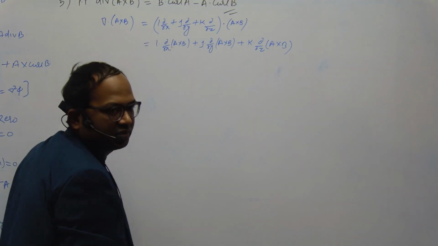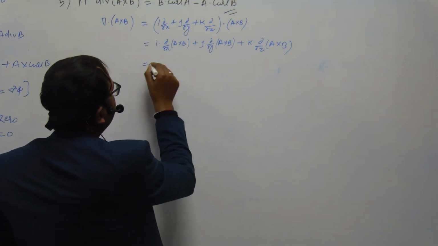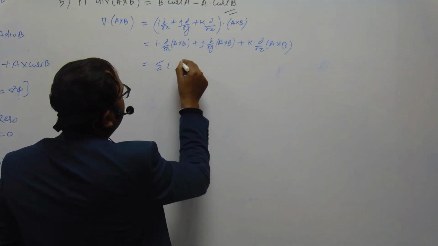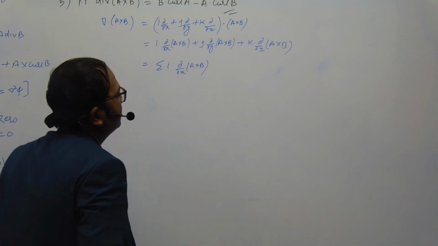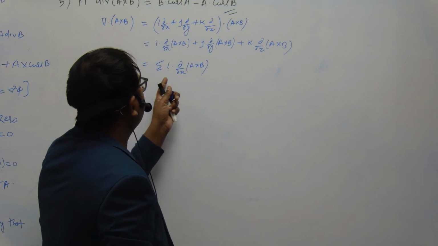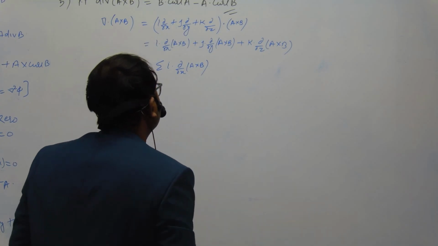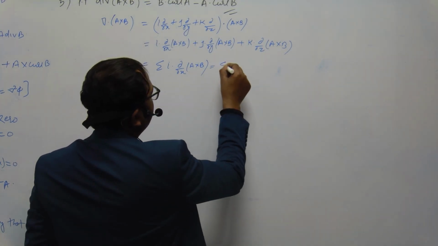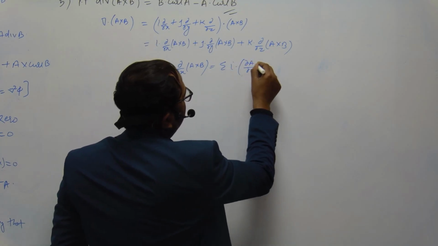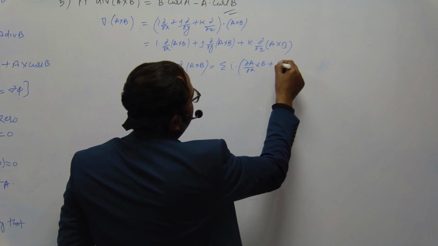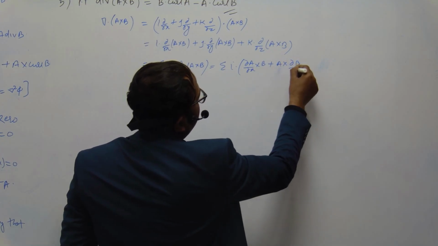We can write this in a summation form. This is equal to summation i dot del upon del x of A cross B. Basically this is divergence, so we have taken i dot del upon del x. This is equal to summation i dot, del A upon del x cross B plus A cross del B upon del x.